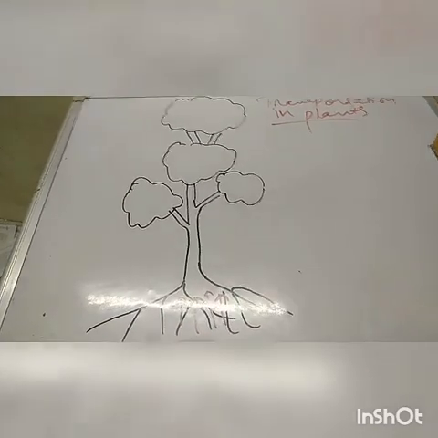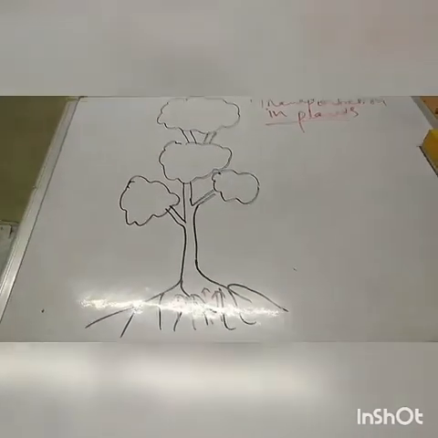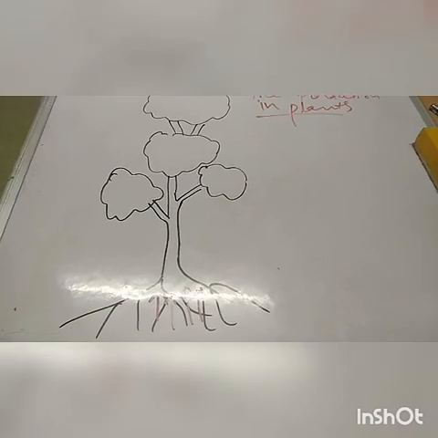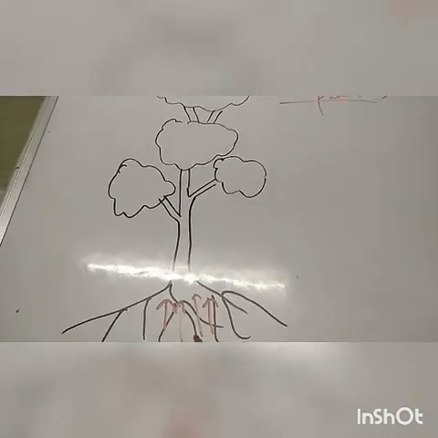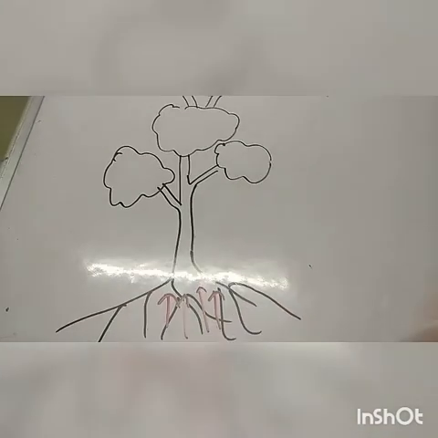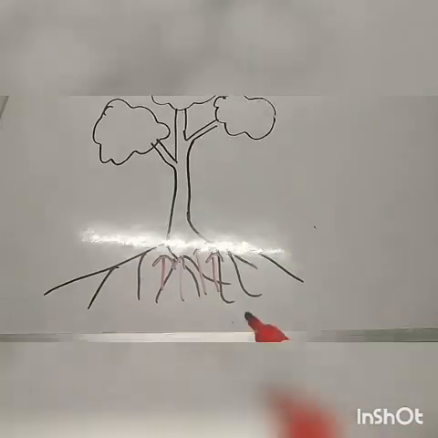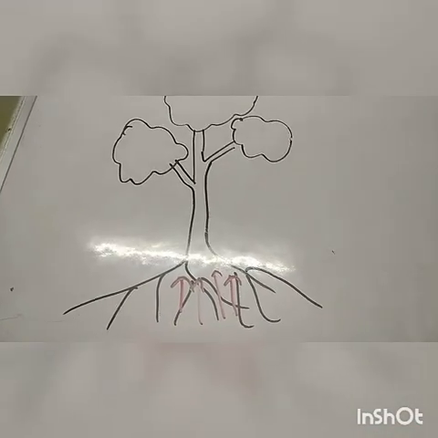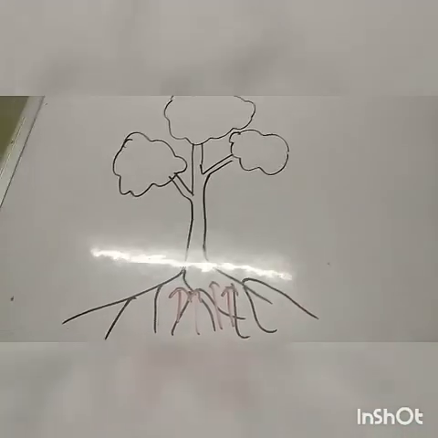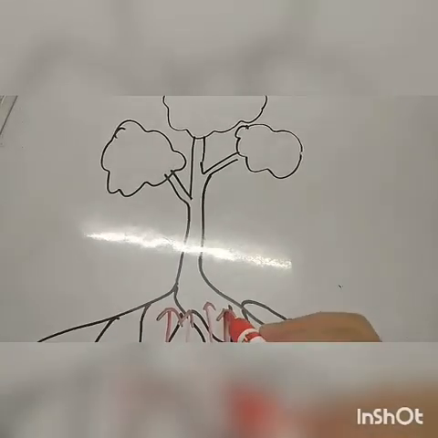Let us consider this is a tree. All right. In a tree, how does the transportation take place? See the water. There is water underneath the land, underground water. You see that we usually pull water from the well. All this comes from the underground. There is underground water going upwards.